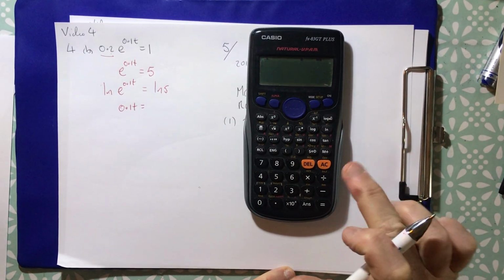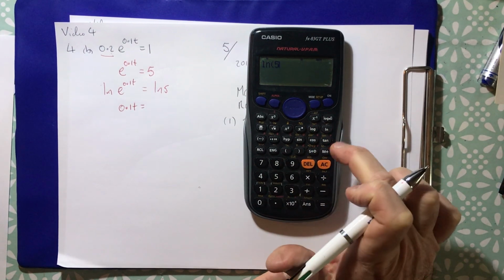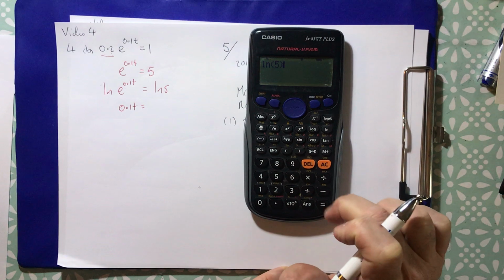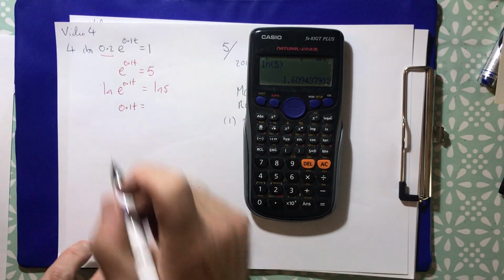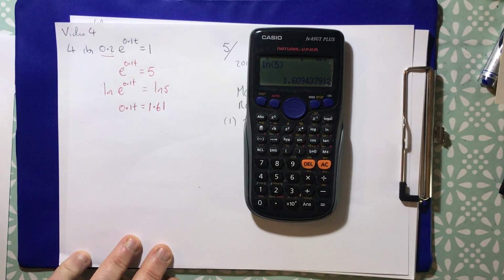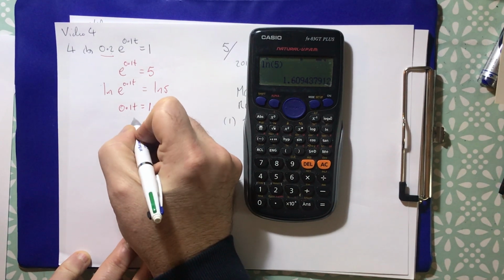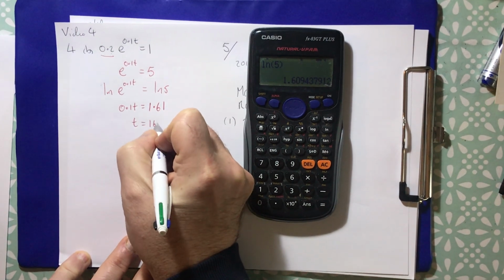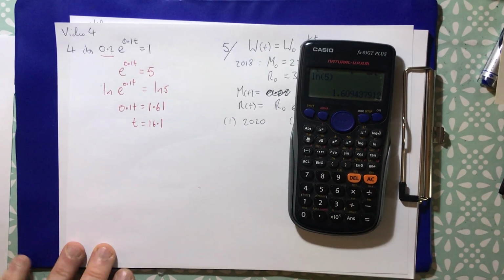However, I don't know what ln 5 is, so if I do ln 5, close brackets, equals, it's about 1.61 will do. Therefore, multiply both sides by 10, you've got 16.1. And that would be that one solved, okay?